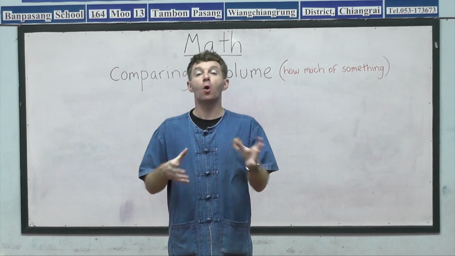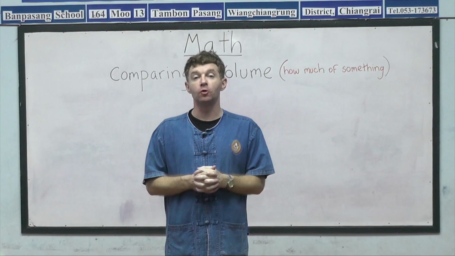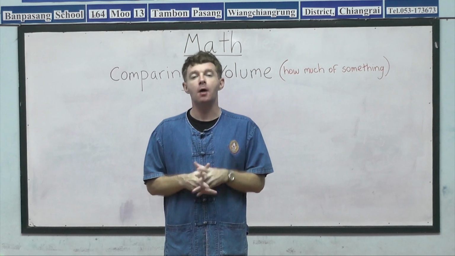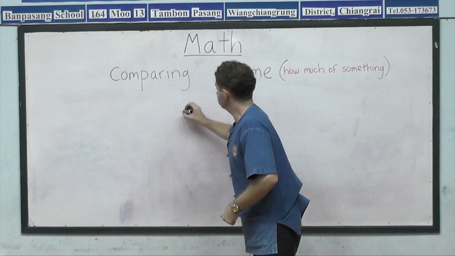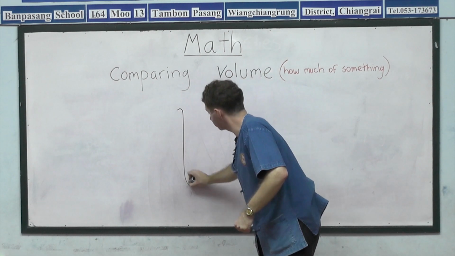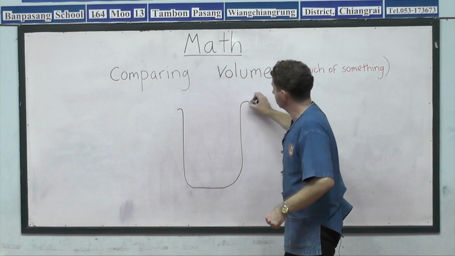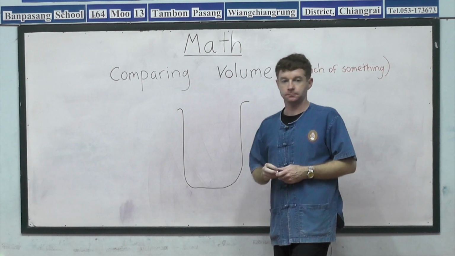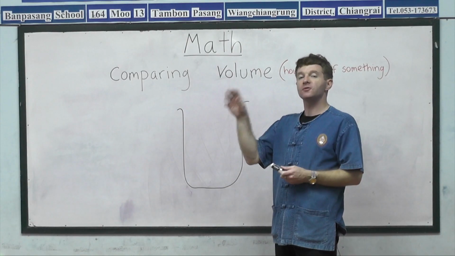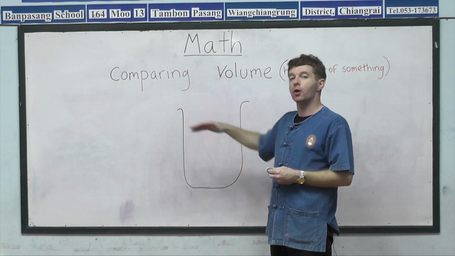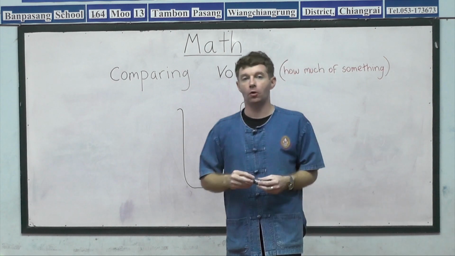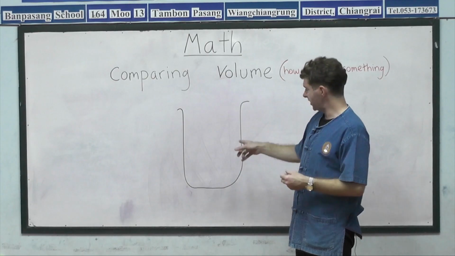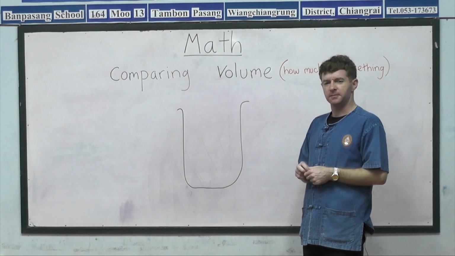So now we're going to look at the different volumes inside the container and what we can call them. This time we're not going to be worried about milliliters. We're just going to look at the amount of volume inside each container and what we can call them. So first of all, the container.